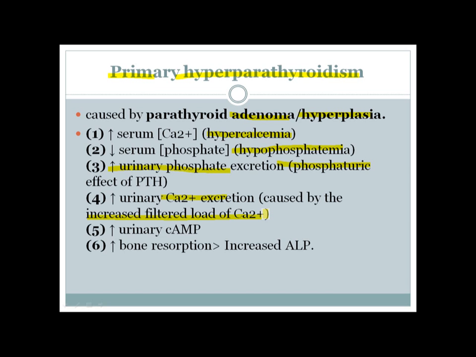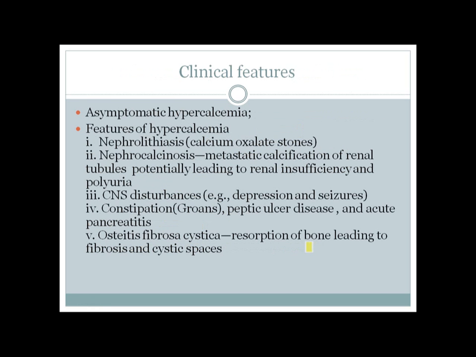Ultimately, there will be a bit more excretion of calcium through the urine, but it will not correct the hypercalcemia, which will persist. There will also be increased urinary cyclic AMP, which is due to the action of parathyroid hormone on the tubules. And as I have already mentioned, it increases bone resorption, leading to an increase in alkaline phosphatase.